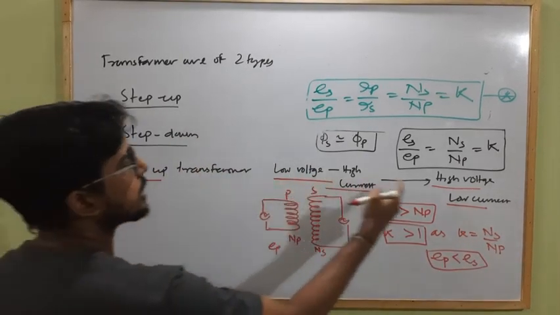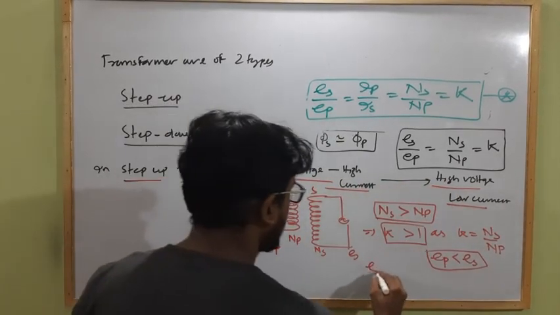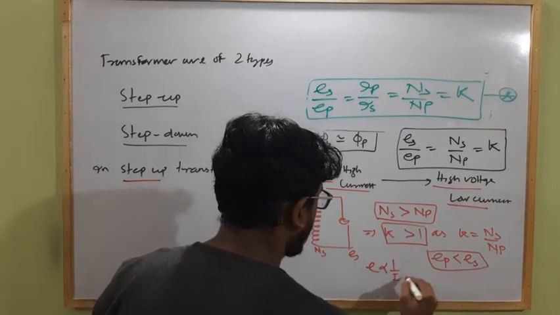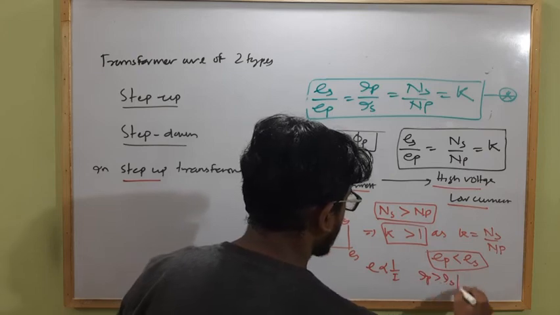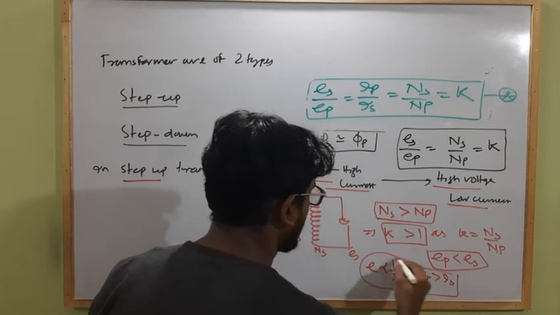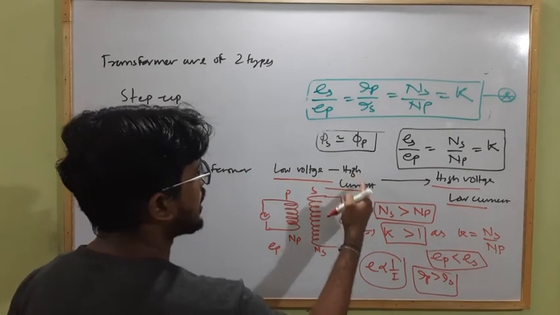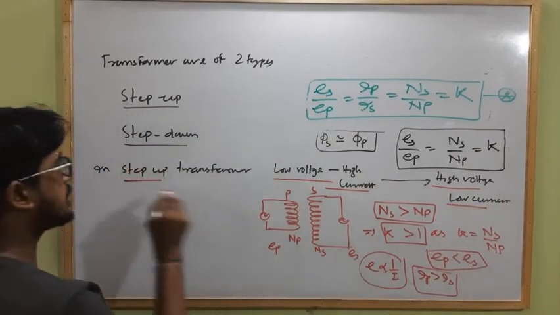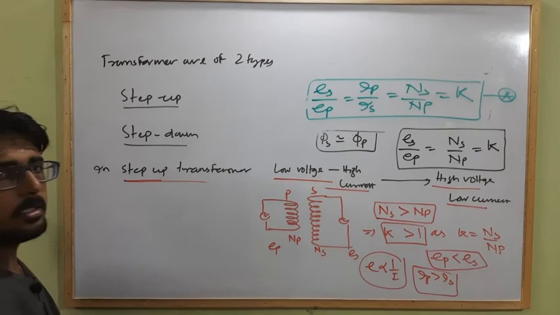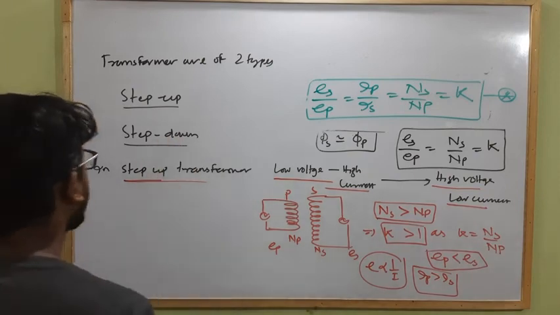As E is inversely proportional to I, and EP is less than ES, IP is greater than IS, because high current is converted into low current. This is known as a step up transformer.